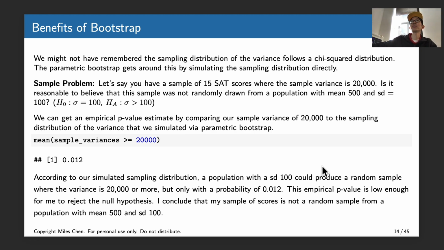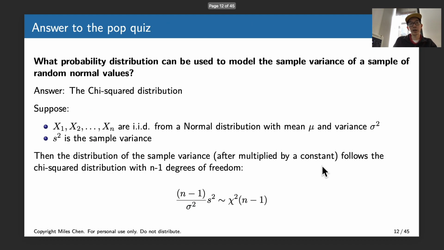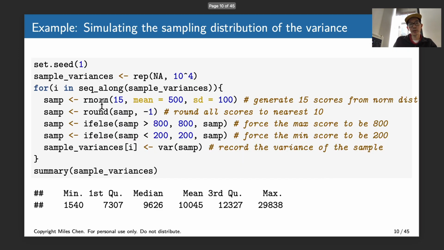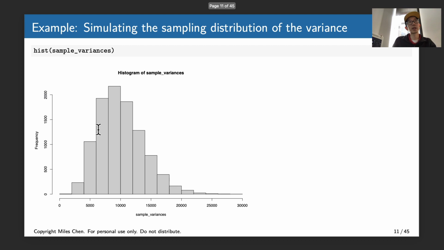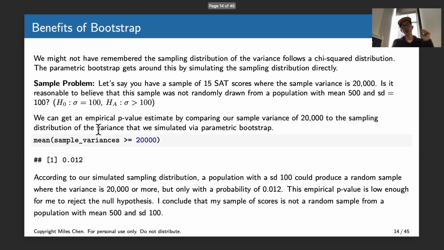We just say, let's simulate our sampling distribution by just drawing random values, right? I was comfortable saying SAT scores come from a normal distribution, and if that's the case, and I do this rounding or whatever, I've got SAT scores, and now I can say this is what my distribution should look like.